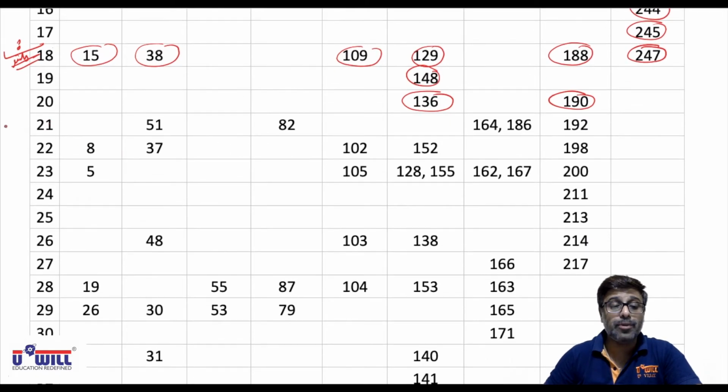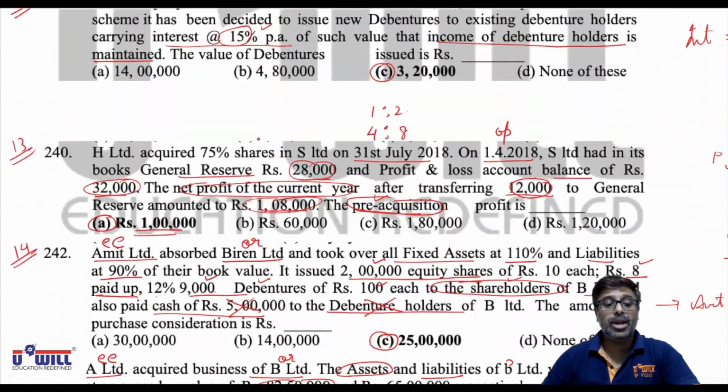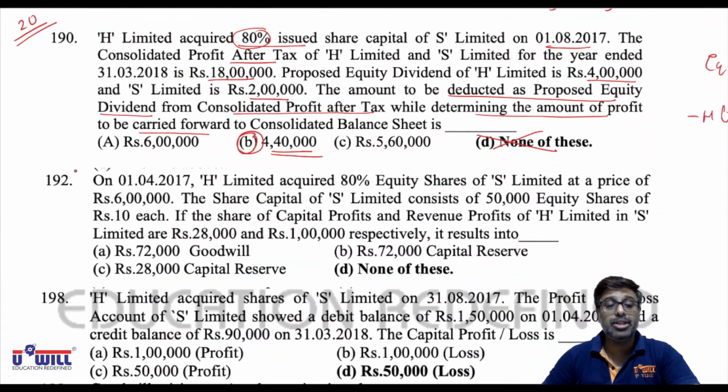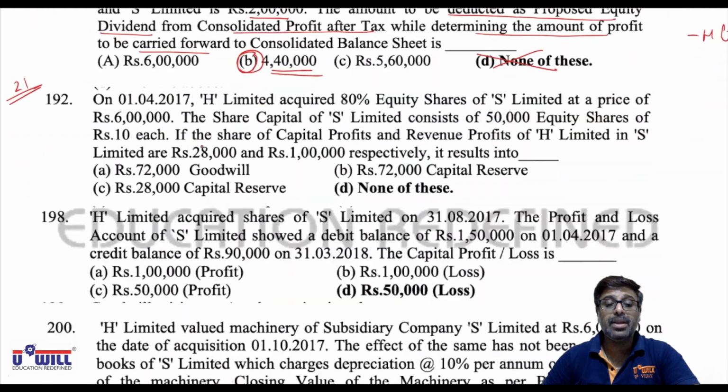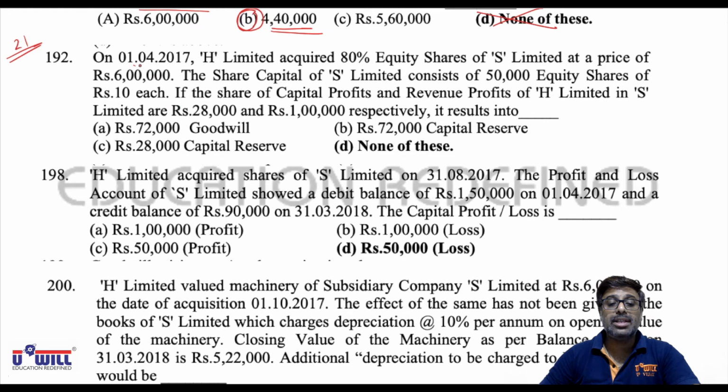Now 21st, all of you mark it important again, because many times it has been asked in exam, similar one. So 192 I am doing on the screen, then you try 4 questions on your own. Look at question number 192. That is the 21st question now. On 1/4/2017, H Limited acquired 80% equity shares of S Limited at a price of rupees 6 lakhs.